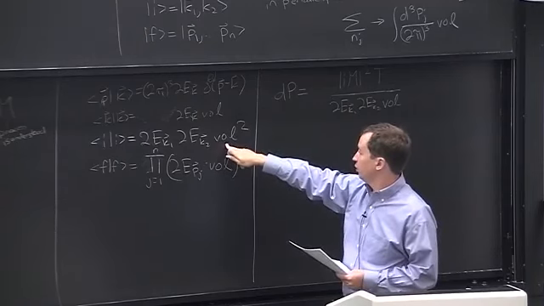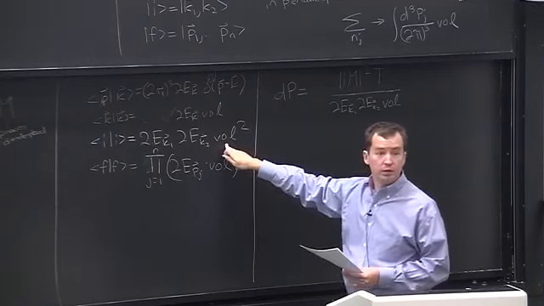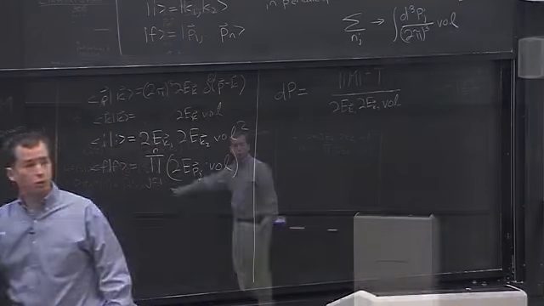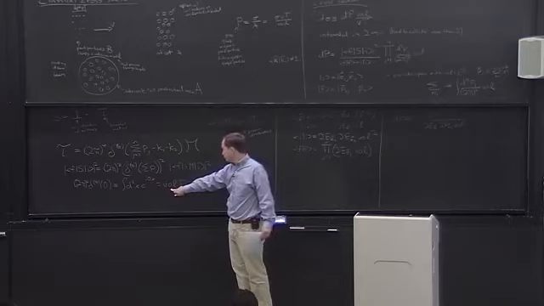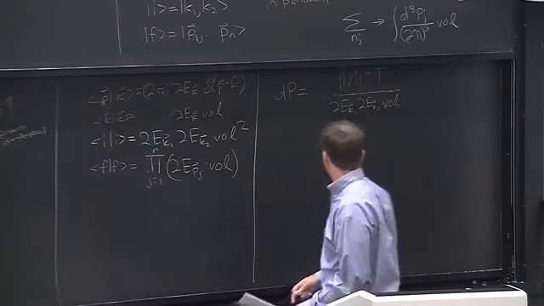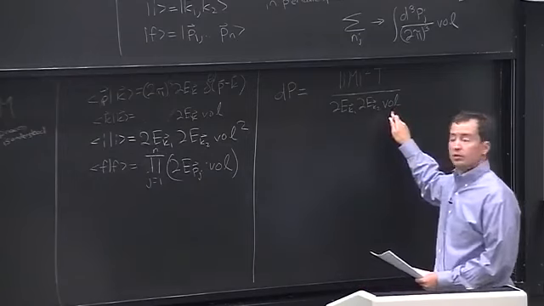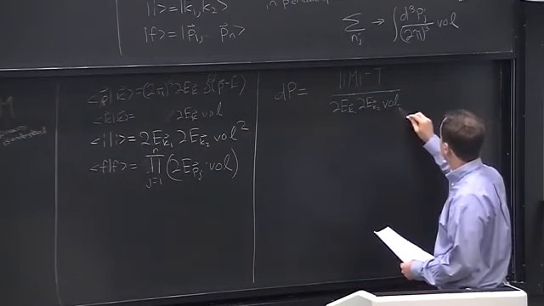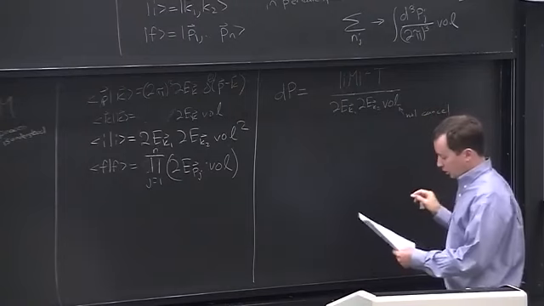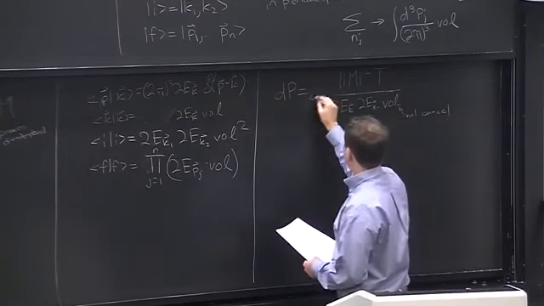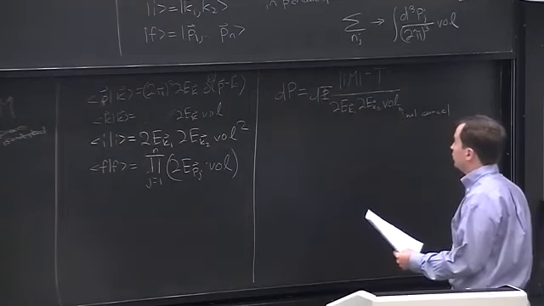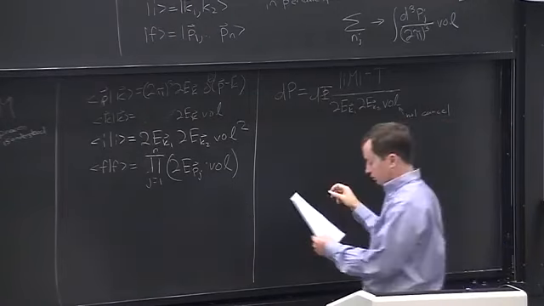One factor of the volume in the denominator from the normalization of the initial state cancels one factor of the volume in the numerator coming from this delta. So we're left with just a single factor. N plus 1 cancel. And everything that I didn't write so far, I'll collect in d phi.